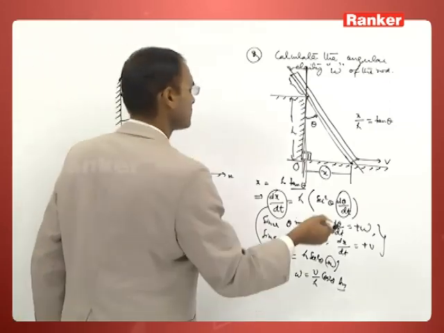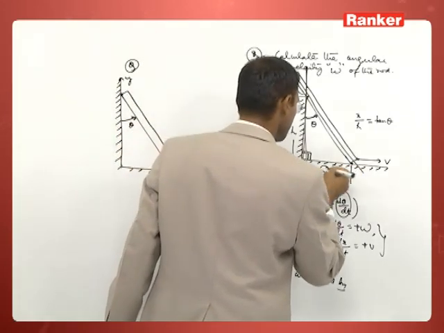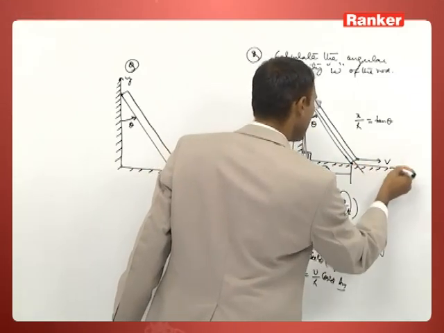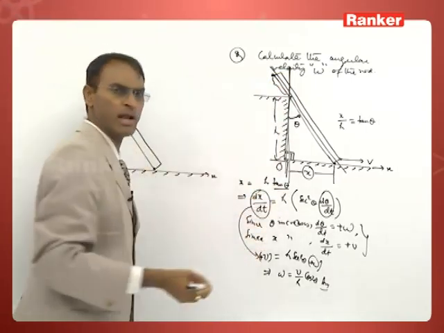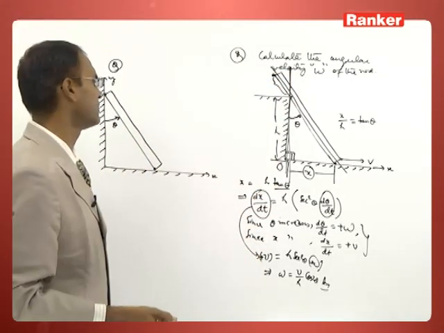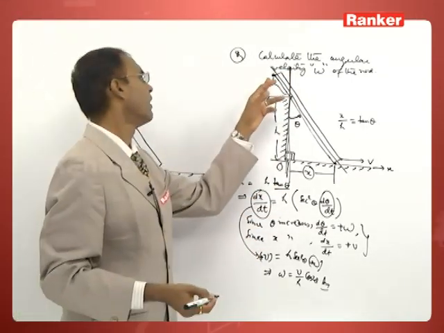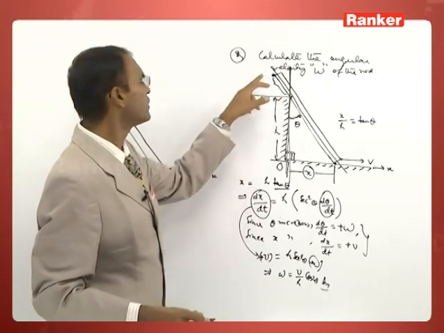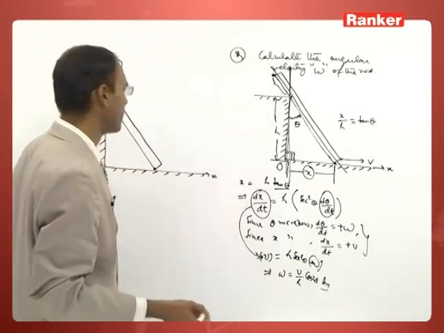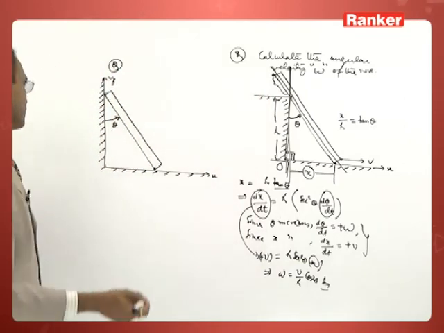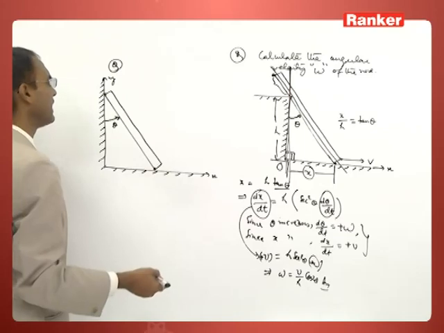But here the lowest point is sliding along the x-axis, but the highest point is not sliding along a particular straight line. Of course, you can ask, what is the nature of motion of this point? This is a nice question. We can do that.